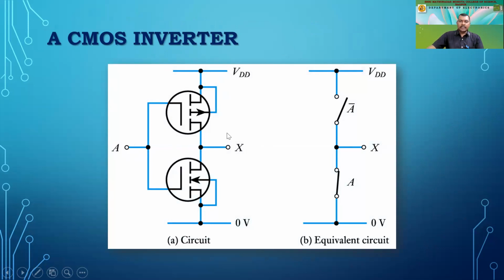The drain is connected to the supply, and the output is taken from the source, and the gate is connected to the terminal A, which is supposed to be the input of the gate.